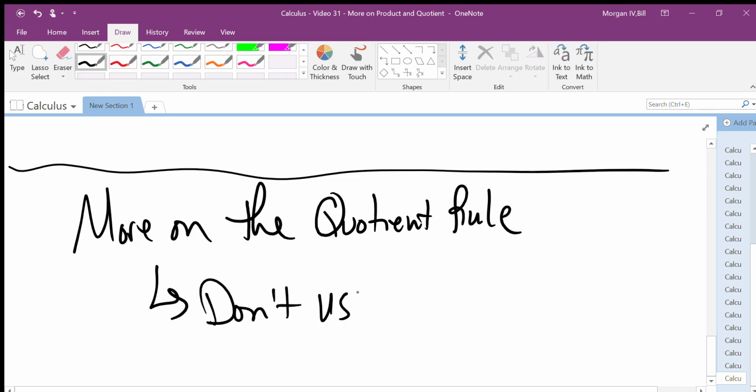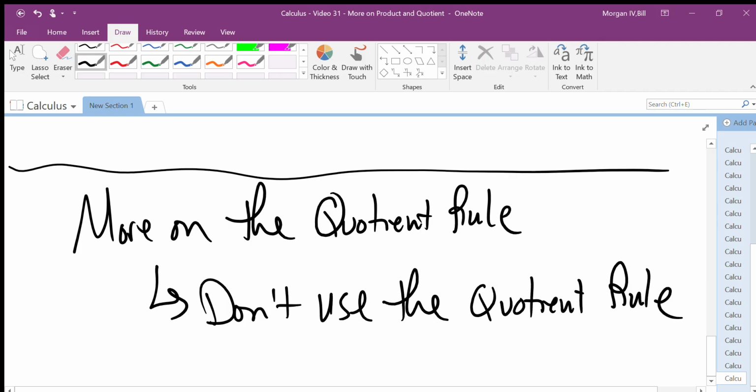Don't use the quotient rule. Now, I kind of split this, where sometimes I'll take a quotient and rewrite it and not use the quotient rule. But sometimes I just think it's easier to go ahead and use the quotient rule. So I kind of do both. But there are people out there who say they will never use the quotient rule, they will always do the thing we're about to learn now.